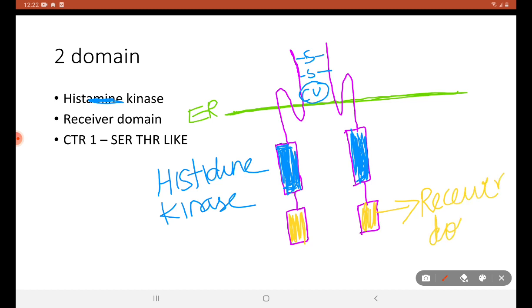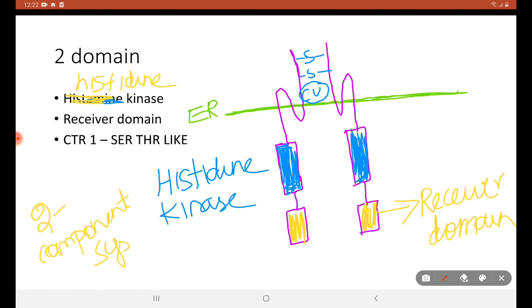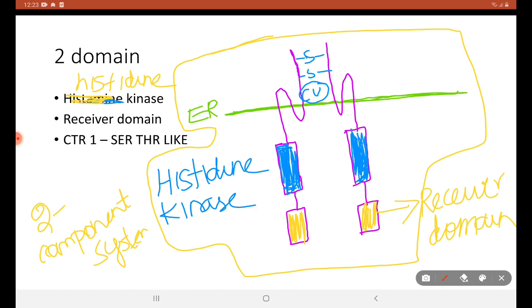This is how the receptor looks. Histidine is an amino acid, so this is the histidine kinase domain. It is homologous to the bacterial two-component system. This is the exact picture of the signaling receptor in ethylene.